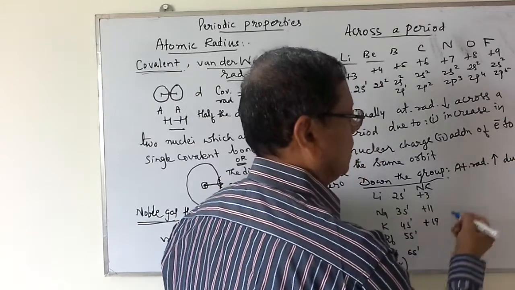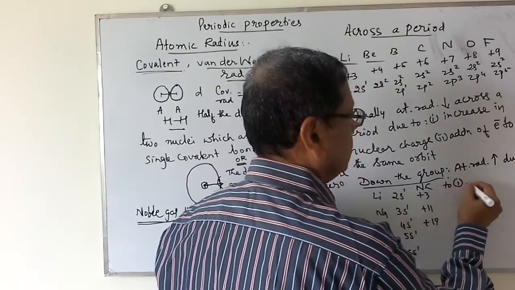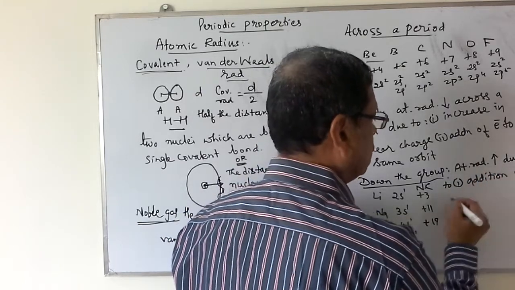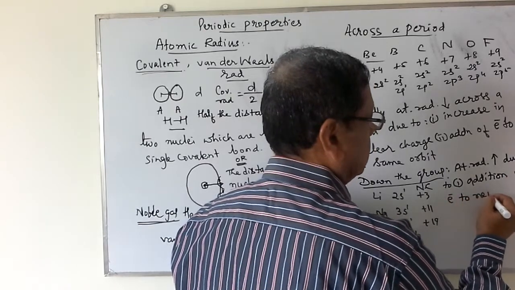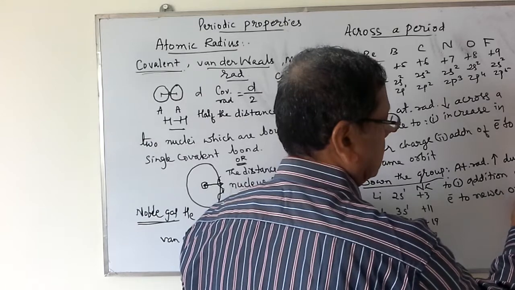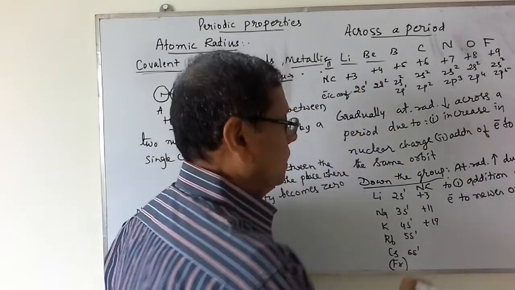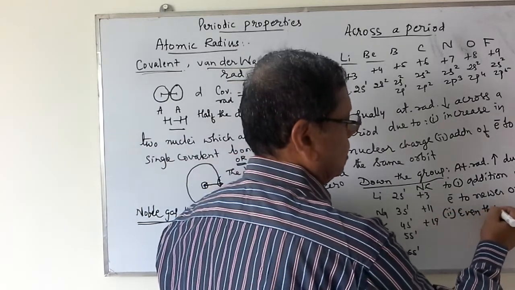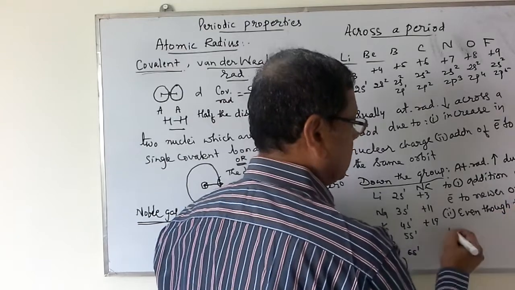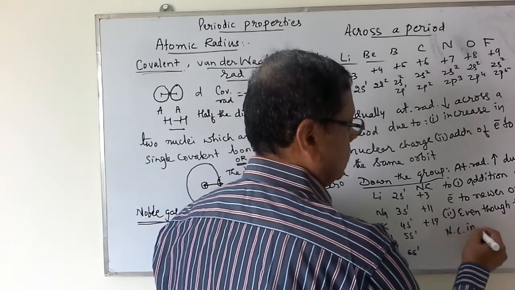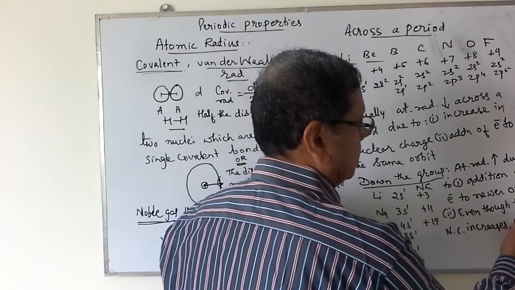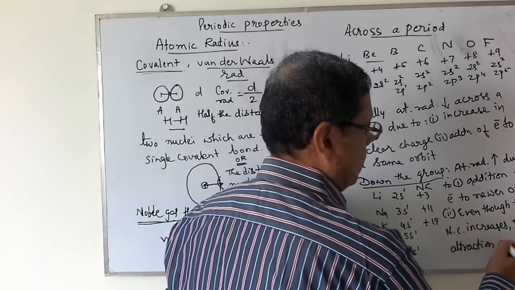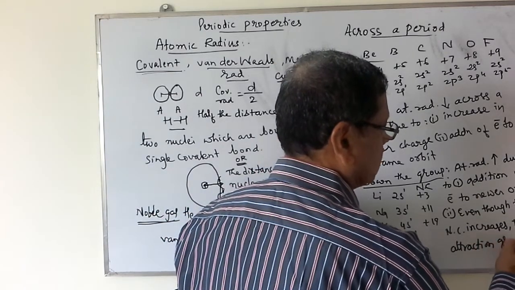This can be explained due to addition of electron to newer orbits. Second, even though the nuclear charge increases, the attraction gradually decreases.